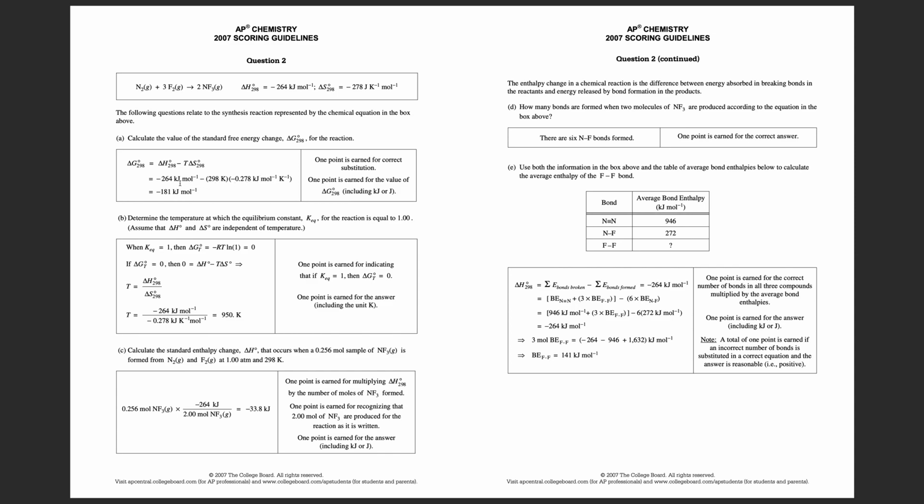Okay, so that's the main thing to recognize. Make sure that you are aware of your units, that entropy is often in joules. So multiplying through temperature 298 times negative 0.278 kilojoules per Kelvin per mole, and then subtract that out from negative 264 kilojoules per mole for the enthalpy.